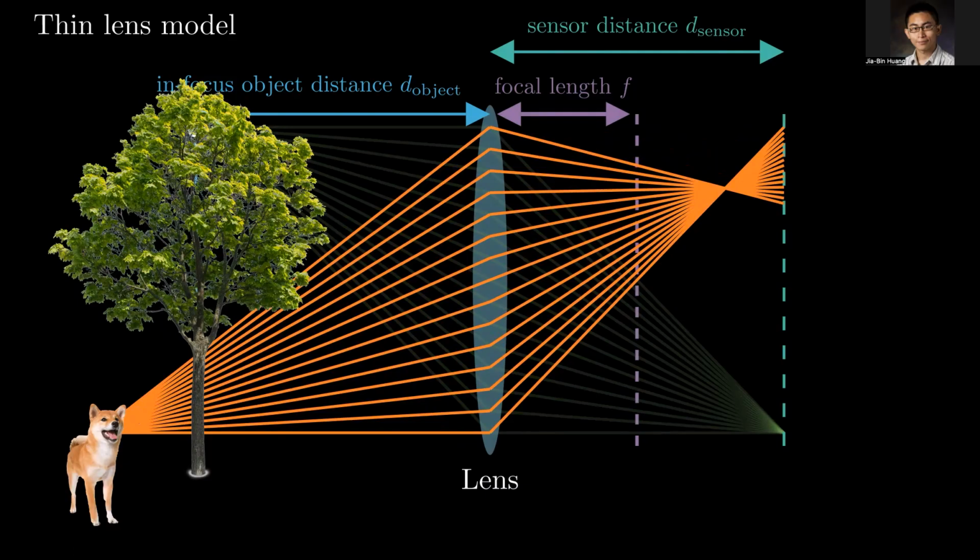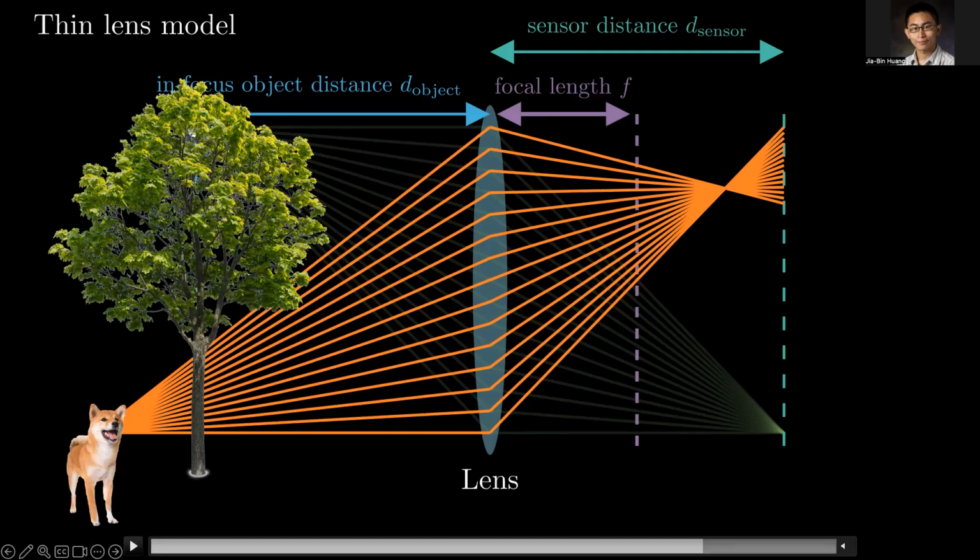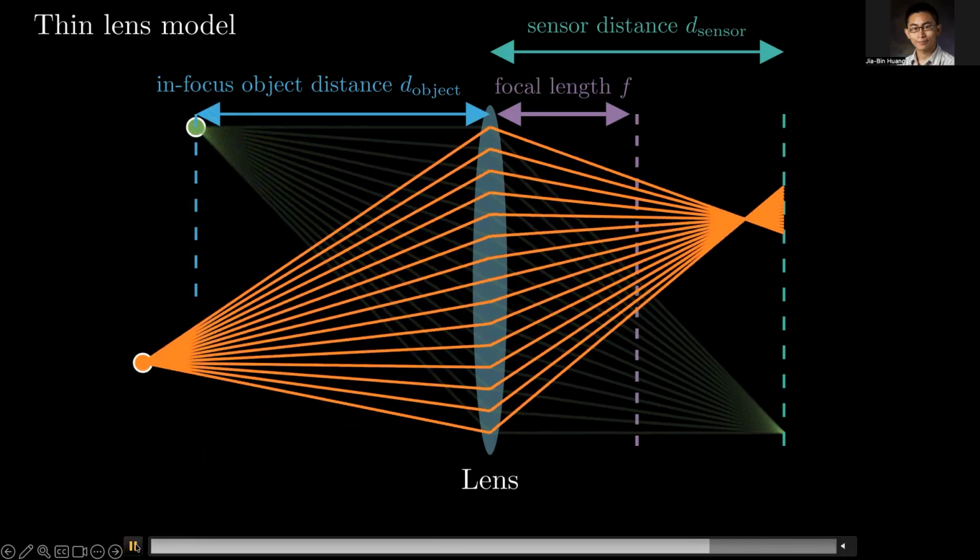Whenever you capture something with your camera, you'll find that some places are sharp, but some places are blurry. So this is a trade-off we have to make when we introduce a lens in our camera. And then you'll get something like this: a blurry dog.